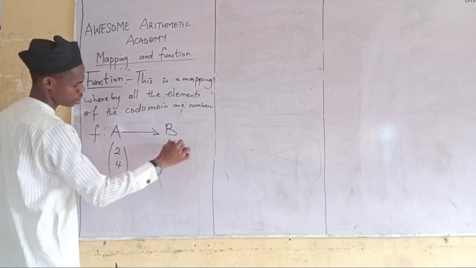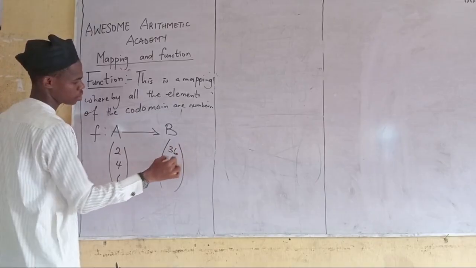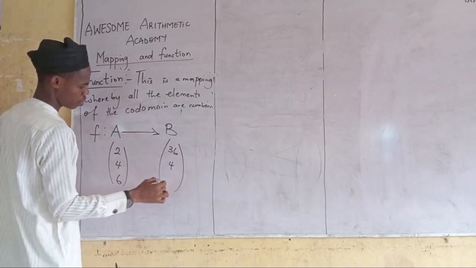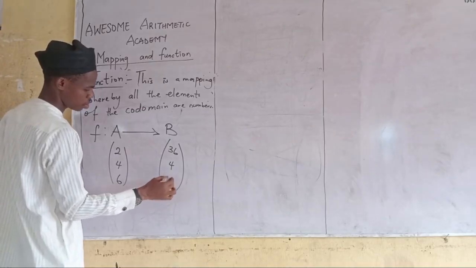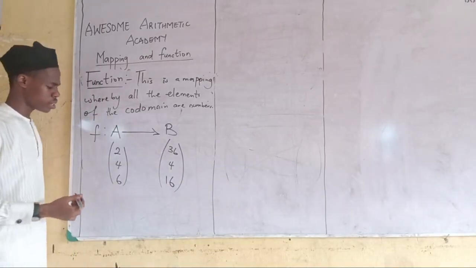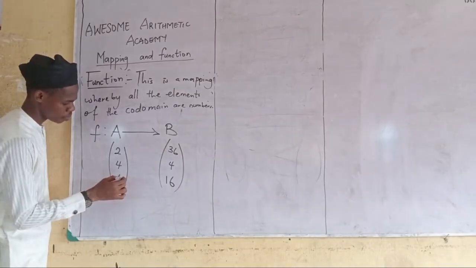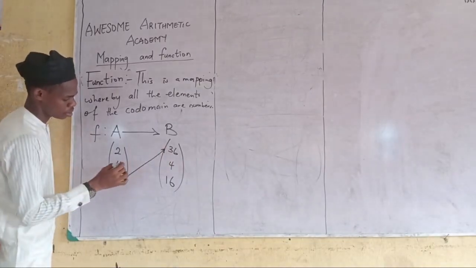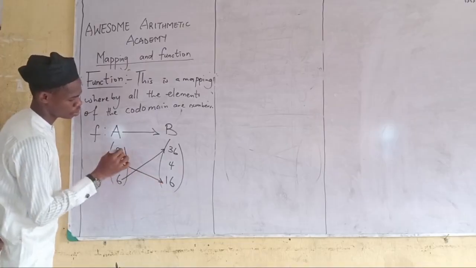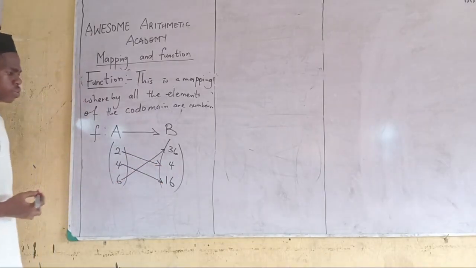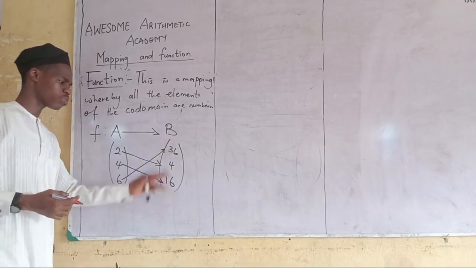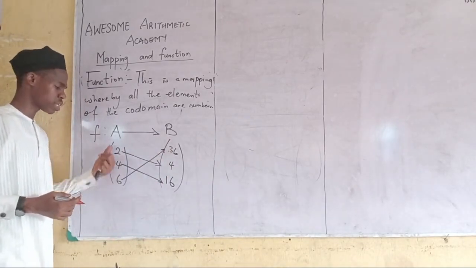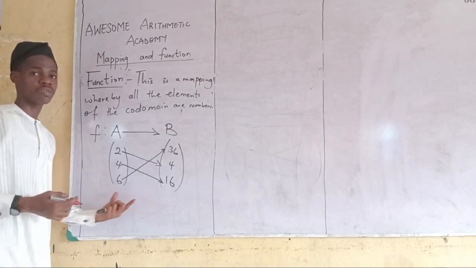Let's say in this case, I'm having 36, 4, and then 16. This is mapped to this, 4 is mapped to 16, and 2 is mapped to 4. So in this case, since this codomain are numbers, that means that this is a function, it is no more a mapping.